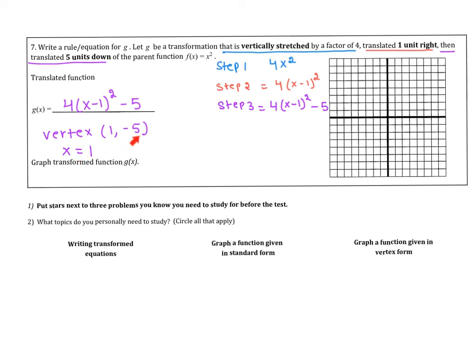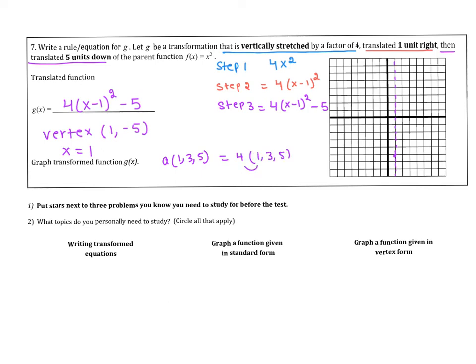So we're going to plot this point and draw this line, and then we're going to find other 2 points or 3 points to get the full graph of a parabola. I'm going to follow the pattern here. So a times 1, 3, 5. Now my a is going to be 4 because it's a vertical stretch by 4.